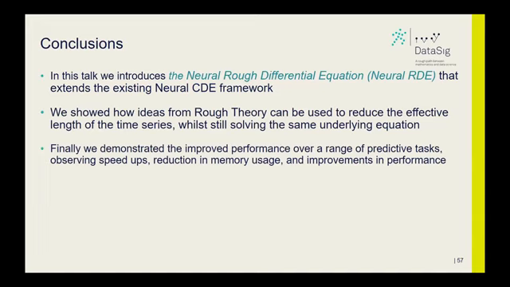And finally, we demonstrated that using this approach on long time series really does generate improved performance across a range of predictive tasks. We get significant speed ups and reductions in memory usage compared to what would otherwise be a naive implementation of neural CDEs or an RNN. And that's everything. So thank you very much for listening.